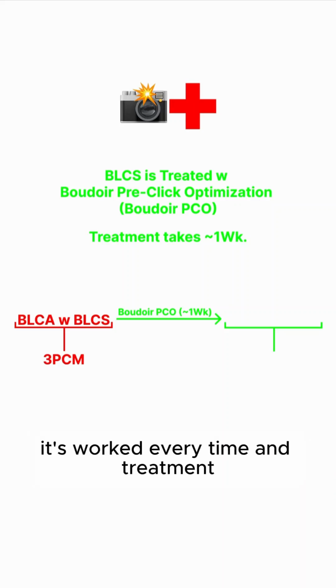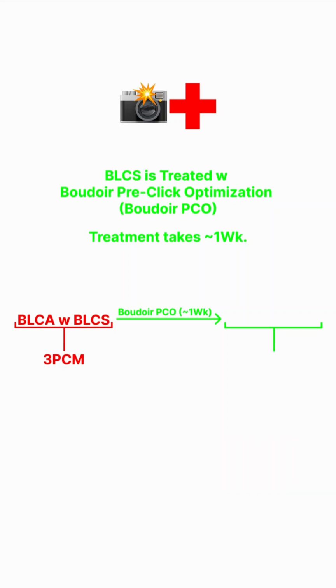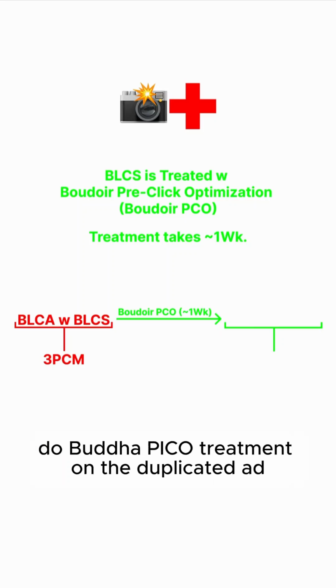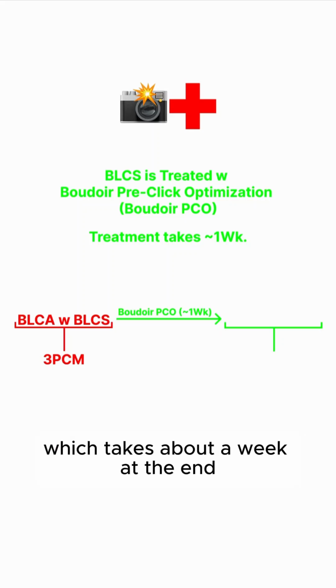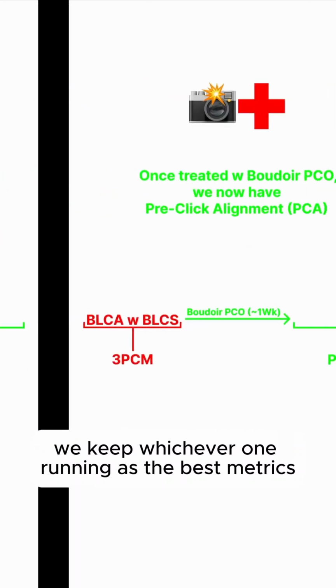It's worked every time. And the way treatment works is we duplicate the current boudoir Facebook ad, and we leave the original and we actually do boudoir pico treatment on the duplicated ad, which takes about a week. At the end, we keep whichever one running has the best metrics.